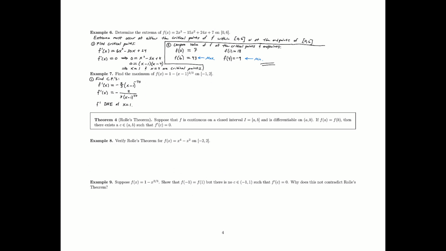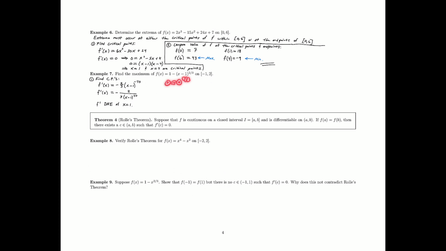And now we have to make sure that this x equals 1 is in the domain not only of our function. So look up here at our original function. Are we able to plug in x equals 1 here? Is that a problem? No, it's not a problem at all. That's fine. We're allowed to raise 0 to the 2/3 power.